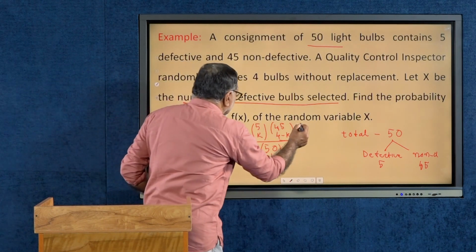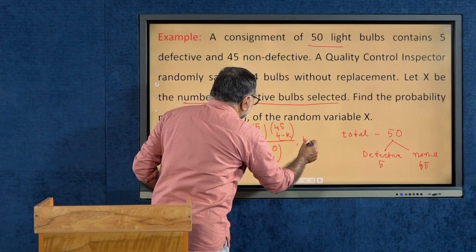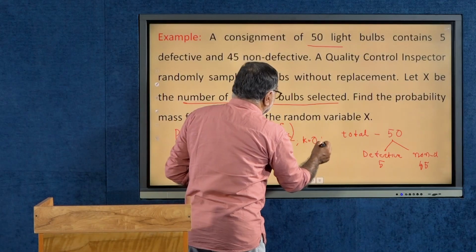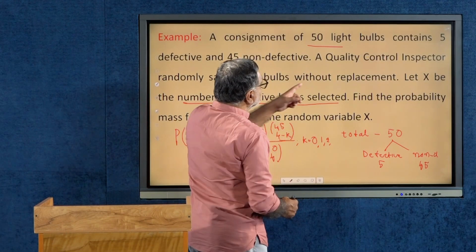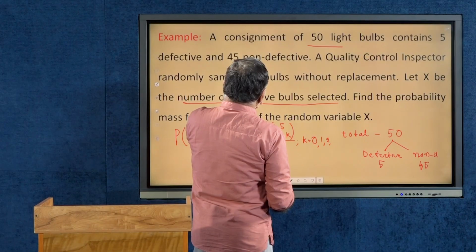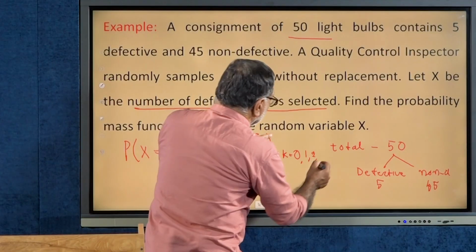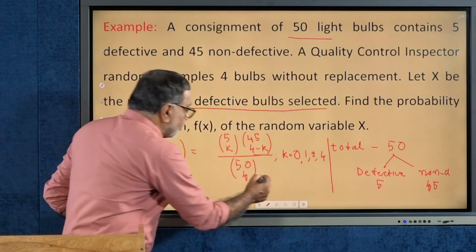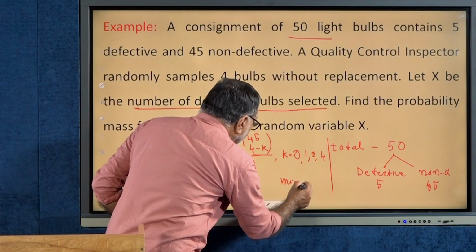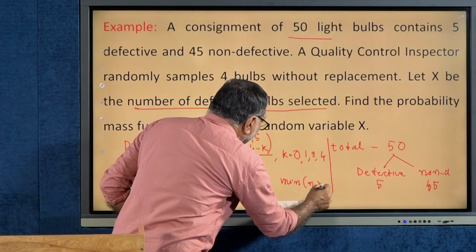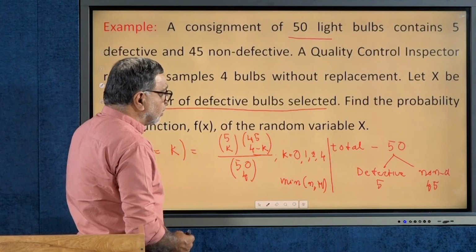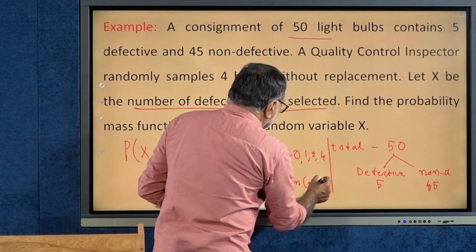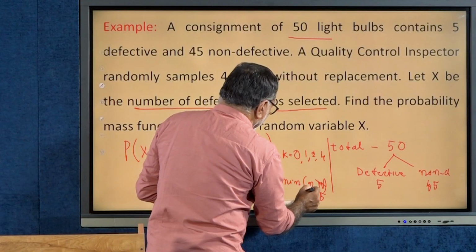And what are the possible values of k? k may be 0, 1, 2, and so on. We are selecting 4 bulbs, so the upper value of k is the minimum of n and M, and here M is 5 and n is 4.